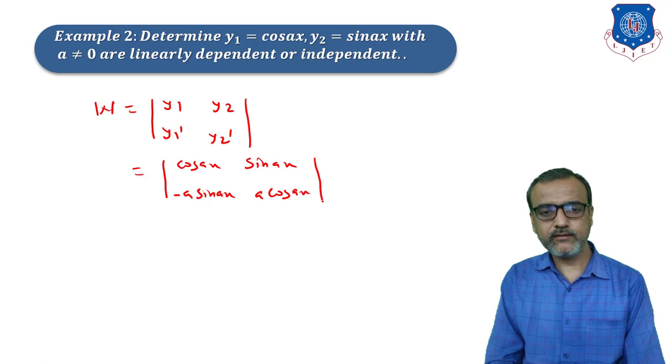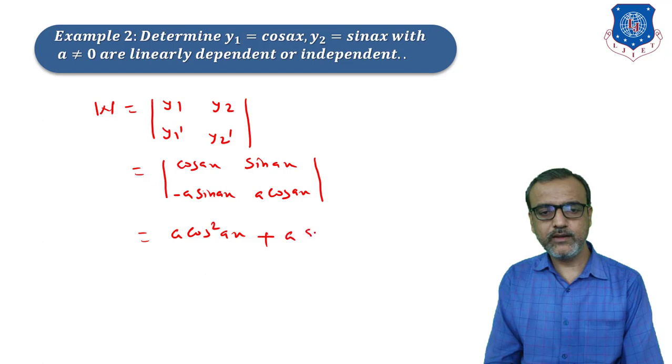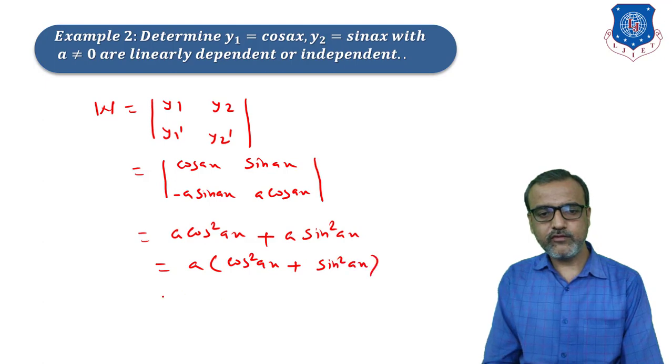Now multiplying cos ax by a cos ax, we have a cos^2 ax, then after the minus sign, multiplying sin ax by minus a sin ax, we have plus a sin^2 ax. Now taking a common, inside the bracket we have cos^2 ax + sin^2 ax. As all of you know, cos^2 θ + sin^2 θ is 1.